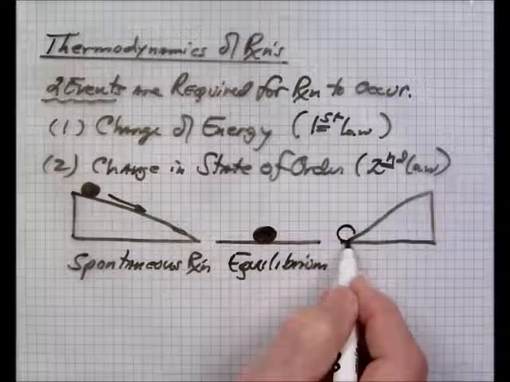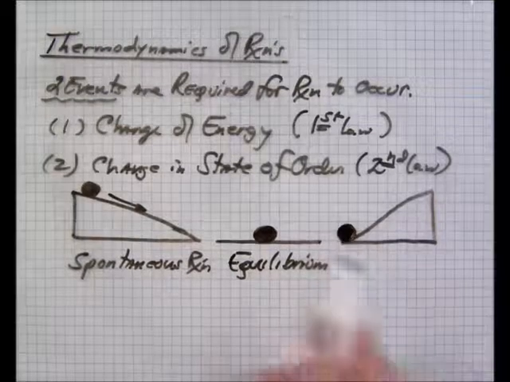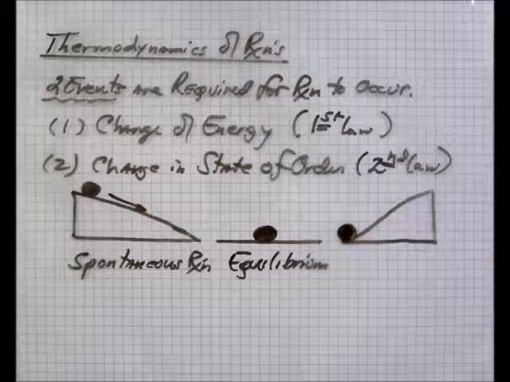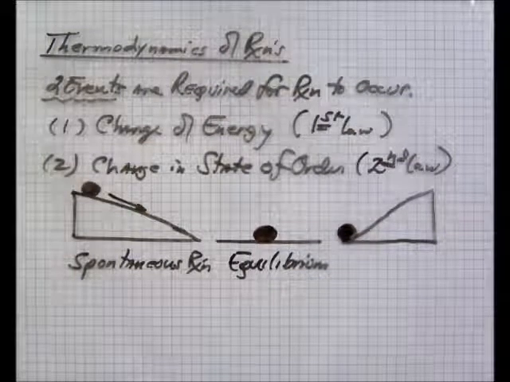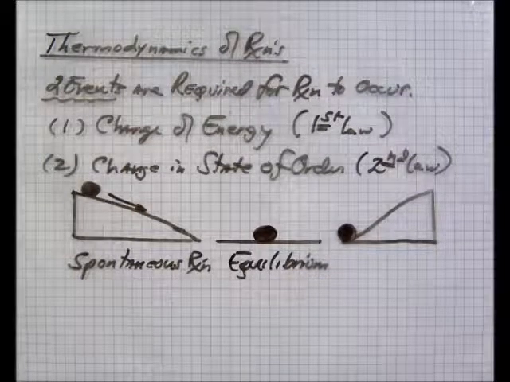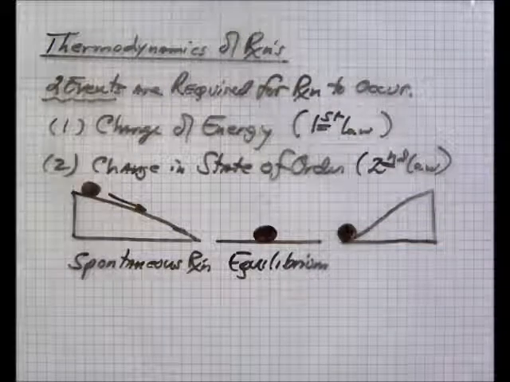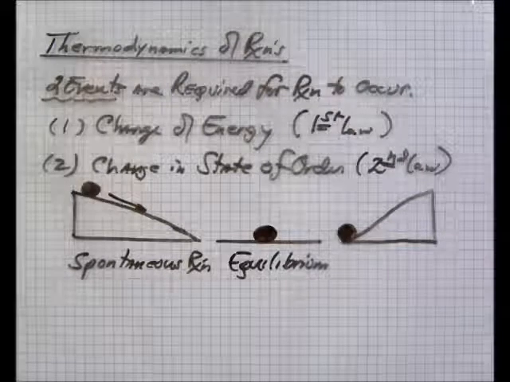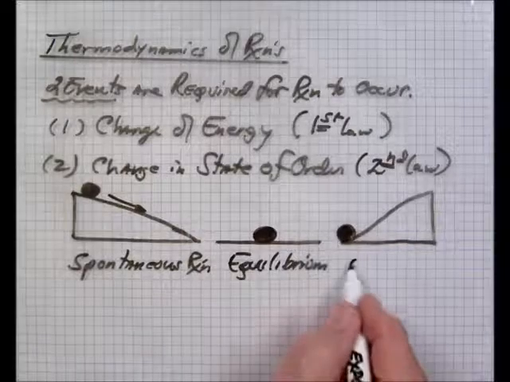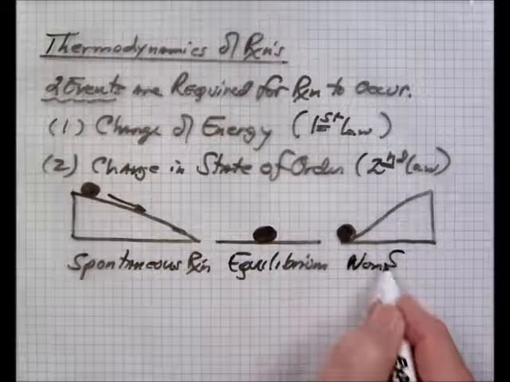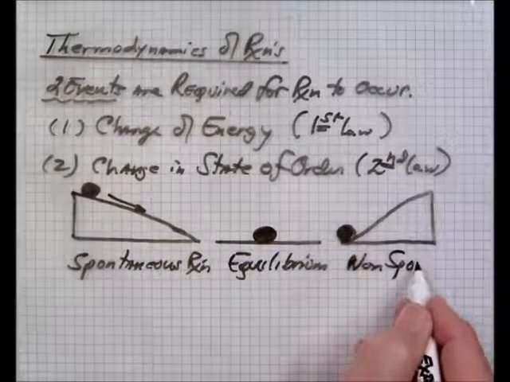Now, if in the third case we put the sphere at the bottom of the hill and turned it loose, the probability of it rolling uphill on its own without any outside effort is zero. And this is a non-spontaneous process.